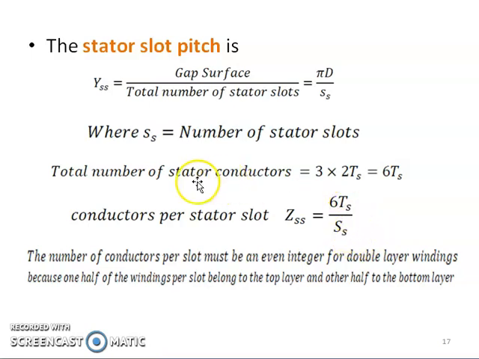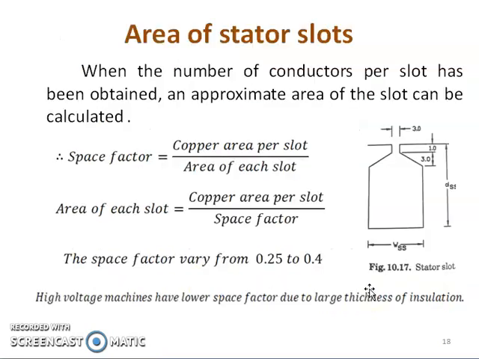This is nothing but the total number of conductors divided by the number of stator slots, that will give conductors per stator slot. The number of conductors per slot must be an even integer in case of double layer windings, because one half of the windings per slot belong to the top layer and the other half to the bottom layer.